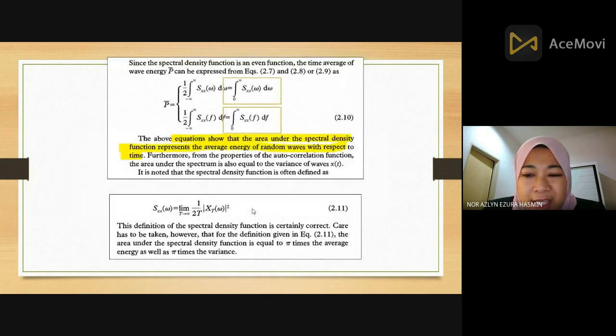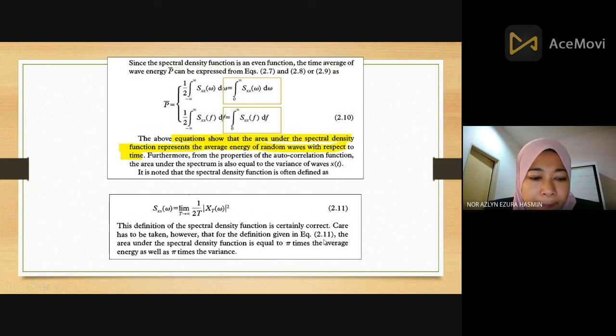So we simplify from equations 2.8, 2.9 and 2.7 to get equation 2.10. These equations show that the area under the spectral density function represents the average energy of random waves with respect to time. We often define it as 2.11 as shown here. Once we simplify, we get the final equation, which is 2.11.